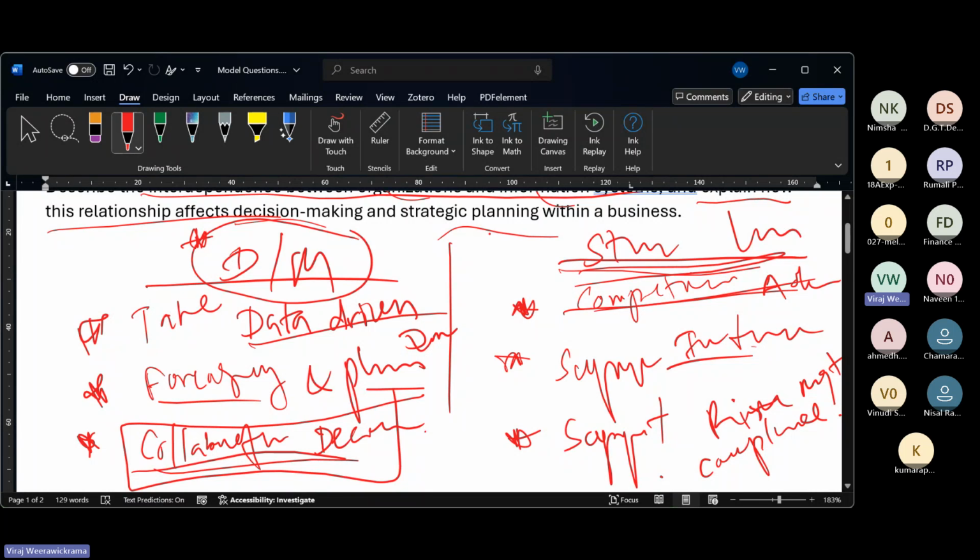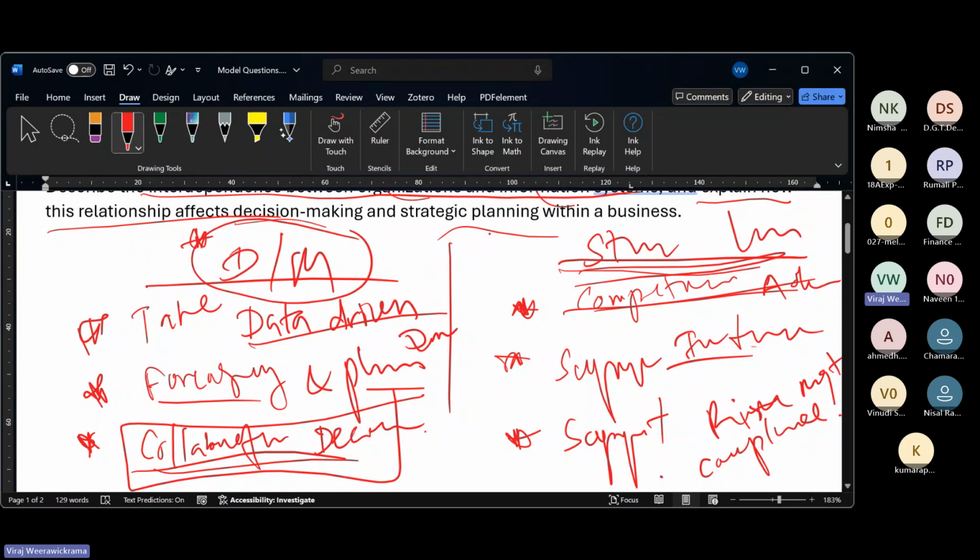You have to explain everything. Now, as we discussed, there were two parts. First, you have to explain the interdependence between information systems and the organization. Then with that, you can explain the impact on the decision-making process as well as on the strategic planning of the organization, right?